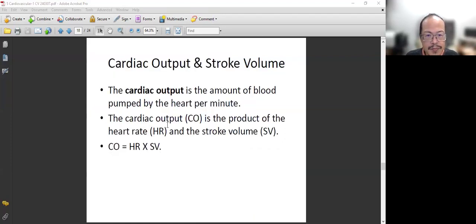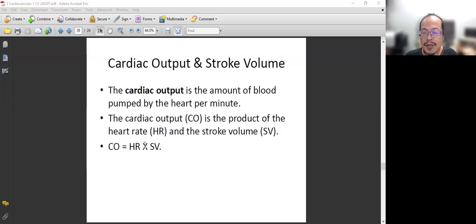So it's right here, stroke volume. And the cardiac output is the heart rate times stroke volume. So that's this equation.